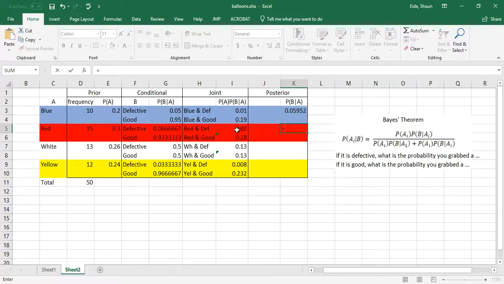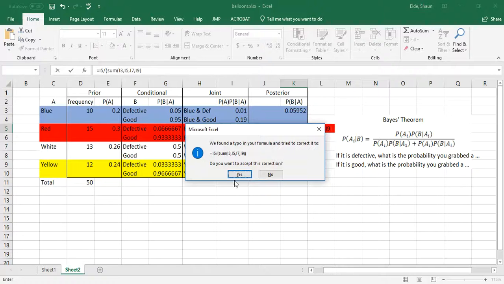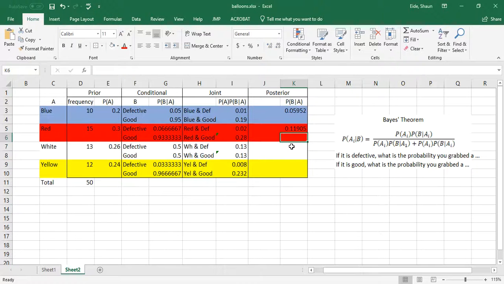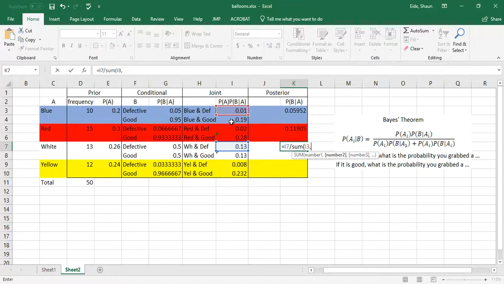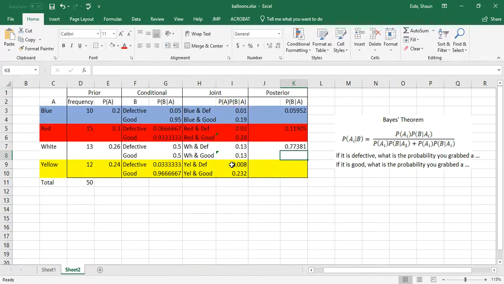Okay, let's take a look at red. It equals the probability that it is red and defective divided by the sum of blue and defective, red and defective, white and defective, and yellow and defective, and that's 0.119. Then white equals the probability of it being white and defective divided by the same sum, and that's 0.7738.